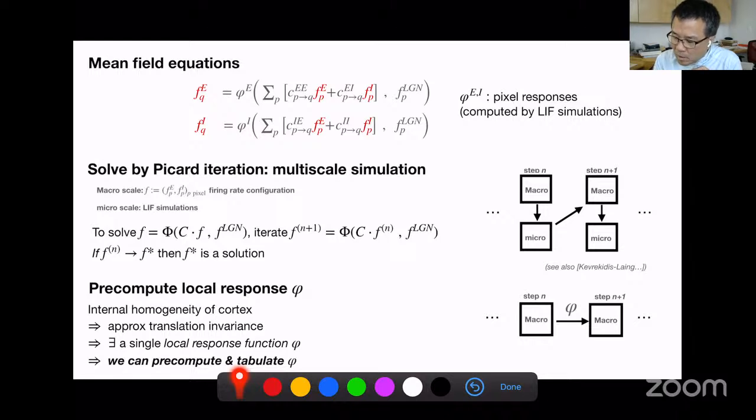And one of the things that this implies is that these response functions phi really don't depend on what part of the patch I'm looking at. There's really just a single response function.